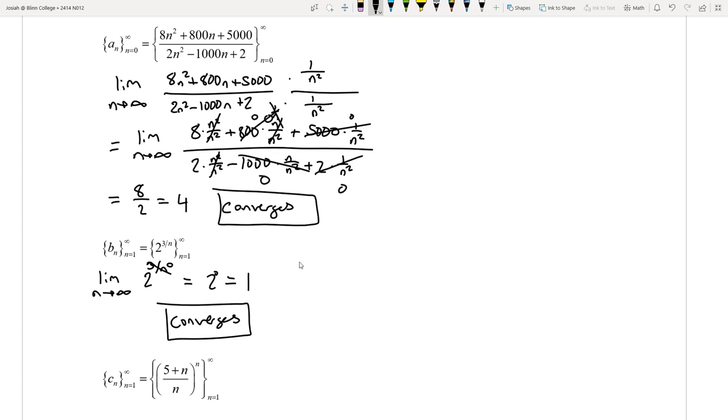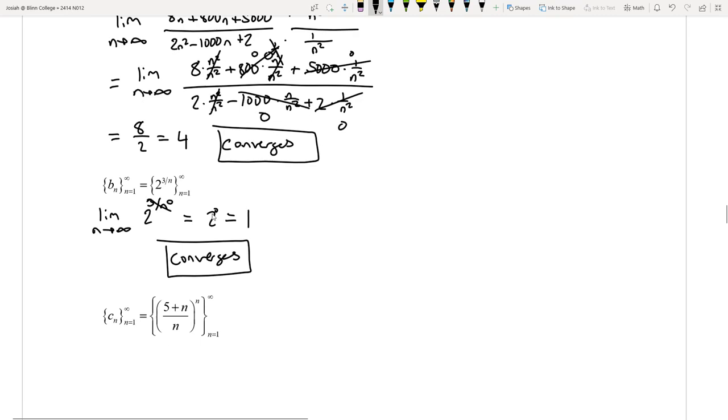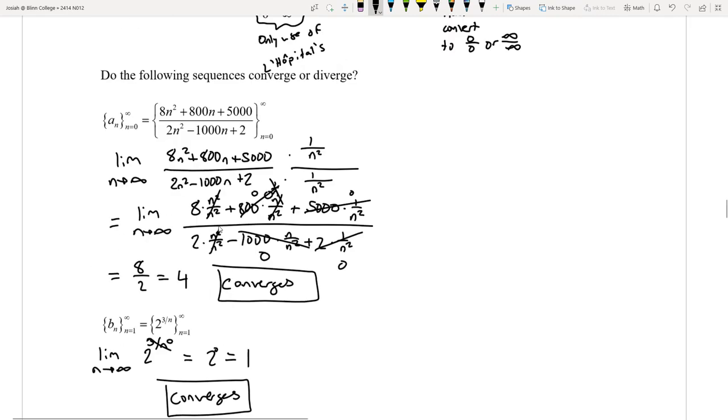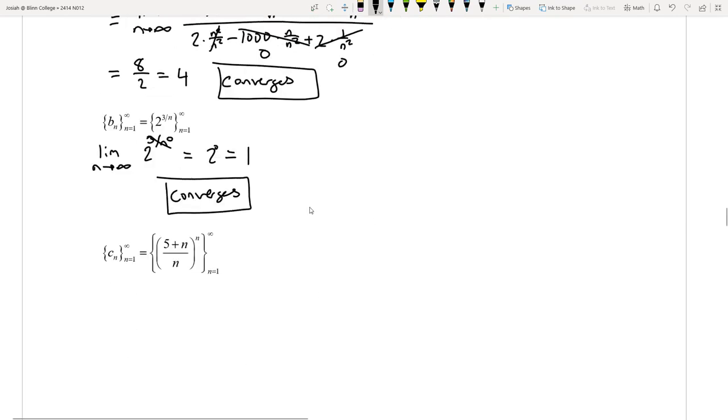Right, you always want to start by trying to plug in your n and see if there's something simple that you can work with. Watch out for these indeterminate forms here. If you plug in and find one of those to be the case, then we'll actually have to work with it. But we don't want to assume that we have an indeterminate form automatically here.